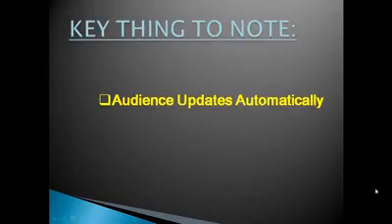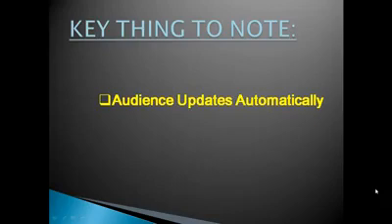But the key thing to note is this, that audiences update automatically, all right? So let's say you are targeting people for the past 4 days alone. Now, if someone starts from day 1, is part of that audience, day 2, day 3, or day 4, once the person gets to day 5, the person will not be part of that audience anymore because he has exhausted the life cycle of that audience span, which was for the past 4 days.